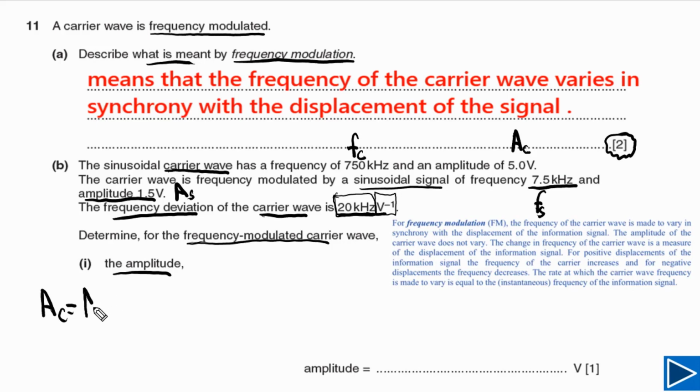So we will simply say the amplitude of the frequency modulated wave is the same as the amplitude of the carrier wave, which is already given here. So this is simply equal to 5.0 volts, and that is our answer.